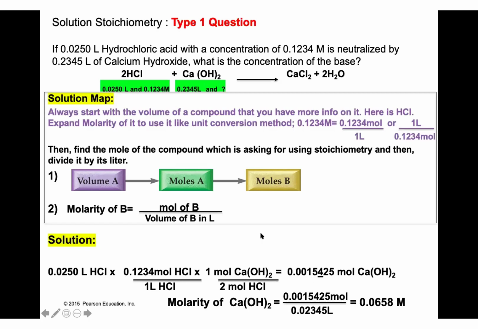Make sure, guys, if you do not have liters and you have milliliters, first convert to liters and then do the calculations. Here we were lucky, we had liters, but if not, convert to liters and start the calculations. And my final answer has 3 sig figs.